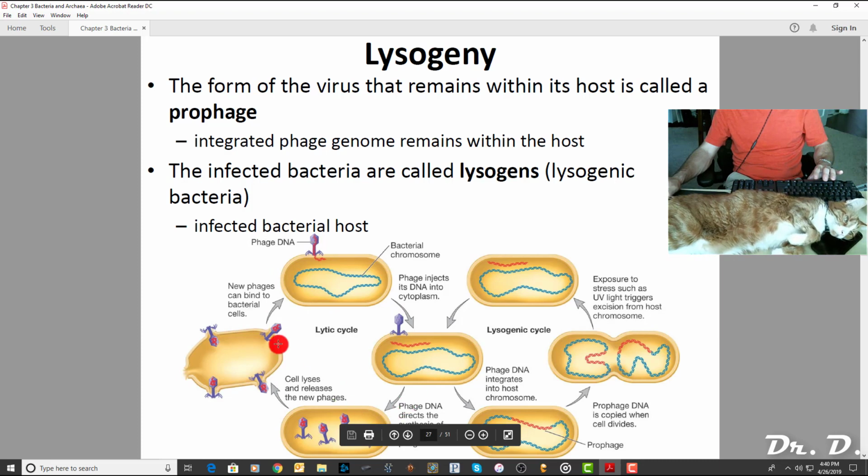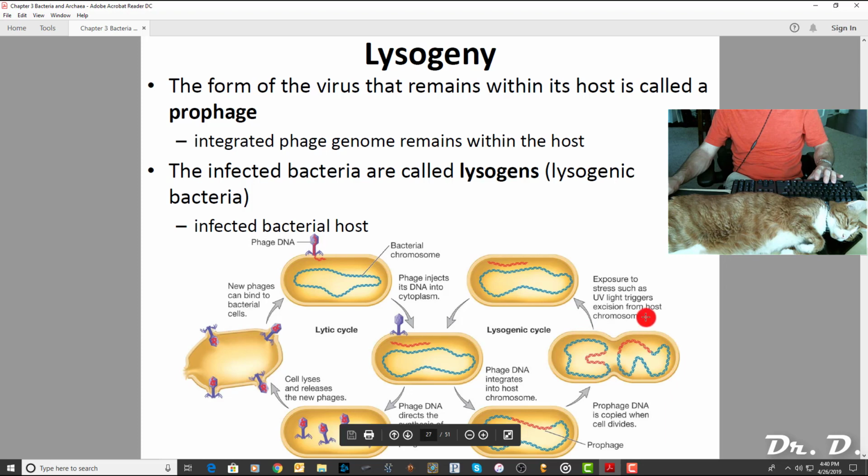It can either enter the lytic cycle where the virus takes over the cell, reproduces, and then gets out of the cell, lyses the cell, or it could enter the lysogenic cycle, where the DNA gets incorporated into the host's genome as a prophage, then lies dormant.